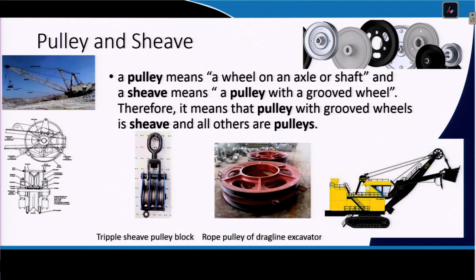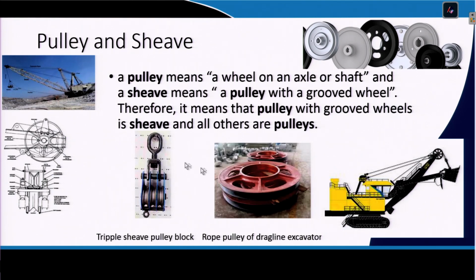Now, the most important thing in designing or selecting the pulley is that the materials must be proper, and what type of liner is given, because this will be subjected to high friction with the wire rope. So, this must not get worn out, because that will damage the wire rope, and if the rope is damaged, then there will be a big problem.